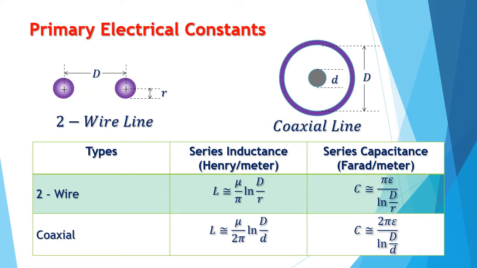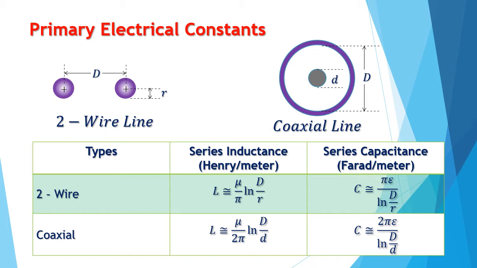Now, as you can see, we'll analyze two types of transmission line in the slide. On the left side, we have a two-wire transmission line, and on the right side, we have a coaxial line, commonly called a coaxial cable. For the two-wire line, it is just two wires. As you can see, this is the cross-section.